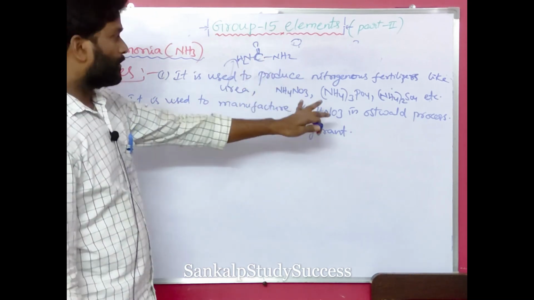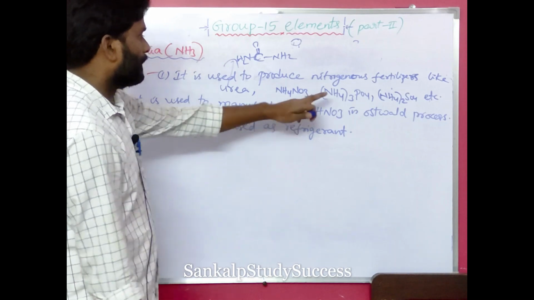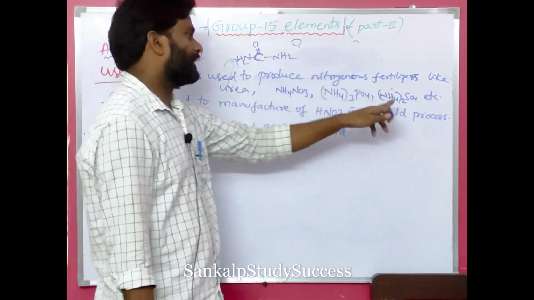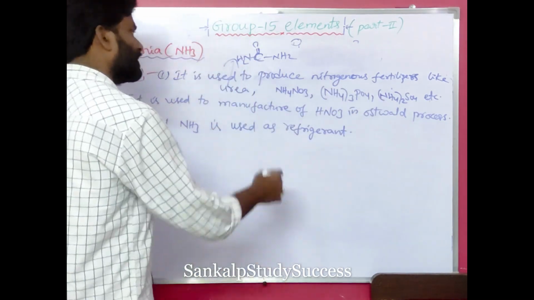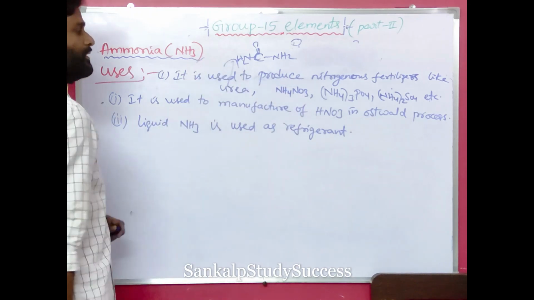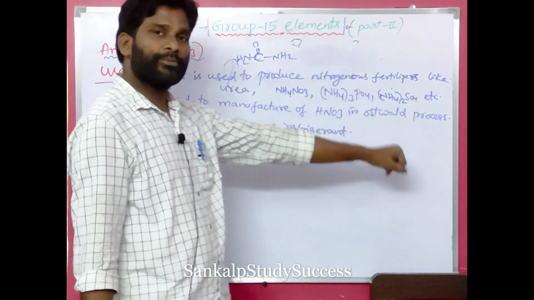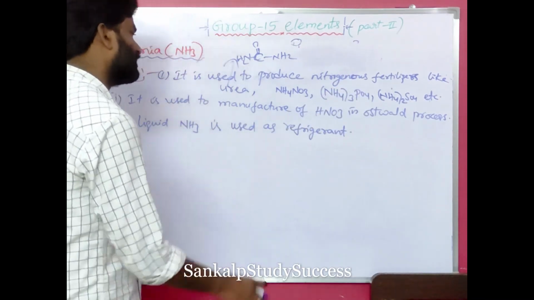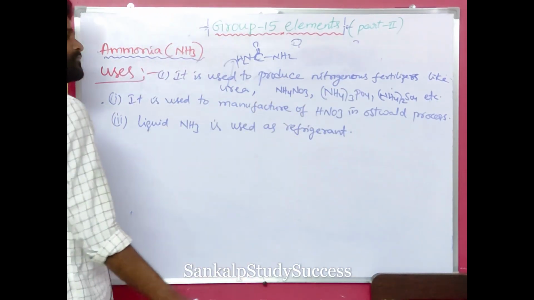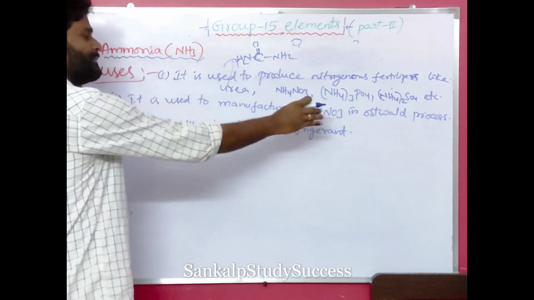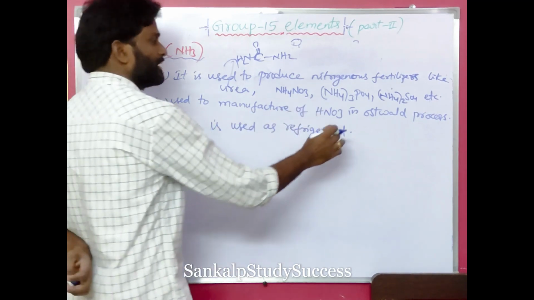And ammonium nitrate, ammonium phosphate and ammonium sulfate. All these can be produced from ammonia, and it is used to manufacture HNO3 in the Ostwald process. We'll discuss that later.